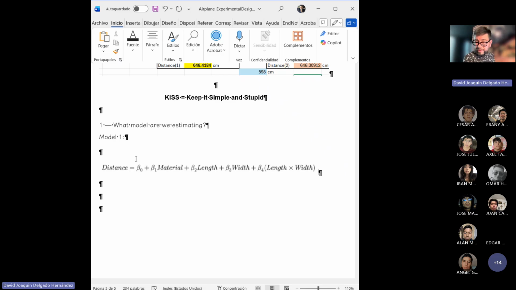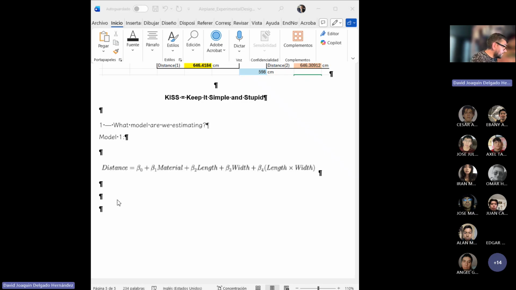In design of experiments, we put this general model, and we have to look for the beta coefficients. This beta 0, beta 1, beta 2, and so on are the coefficients that we are interested in when carrying out these experimental designs.